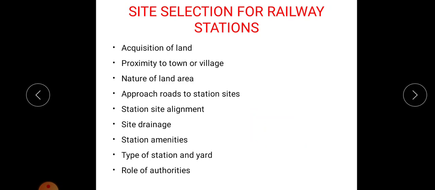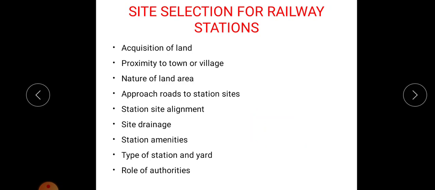Next is proximity to town or village. That is, the station site should be close to the town or village, so that the passengers can be transported easily to the railway station. Also the passengers and goods can be easily transported from the railway station. So it should be very near to the town or village.